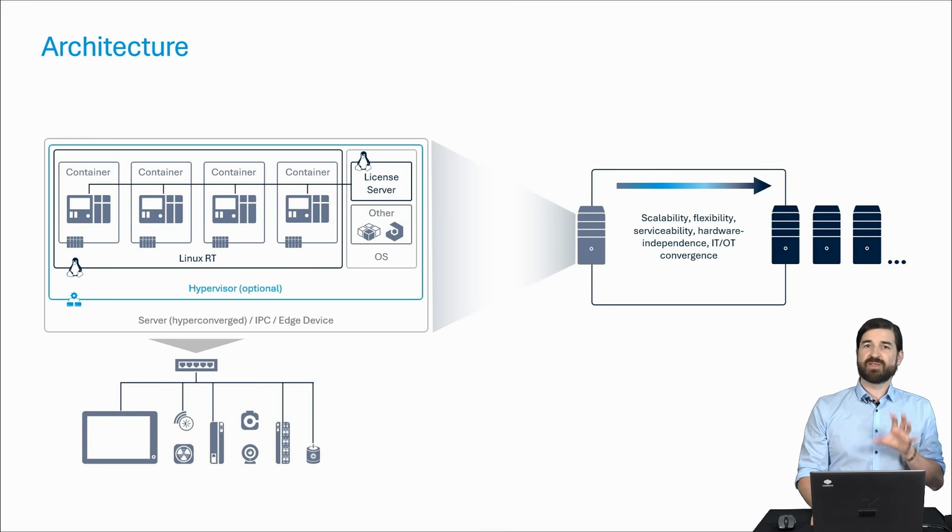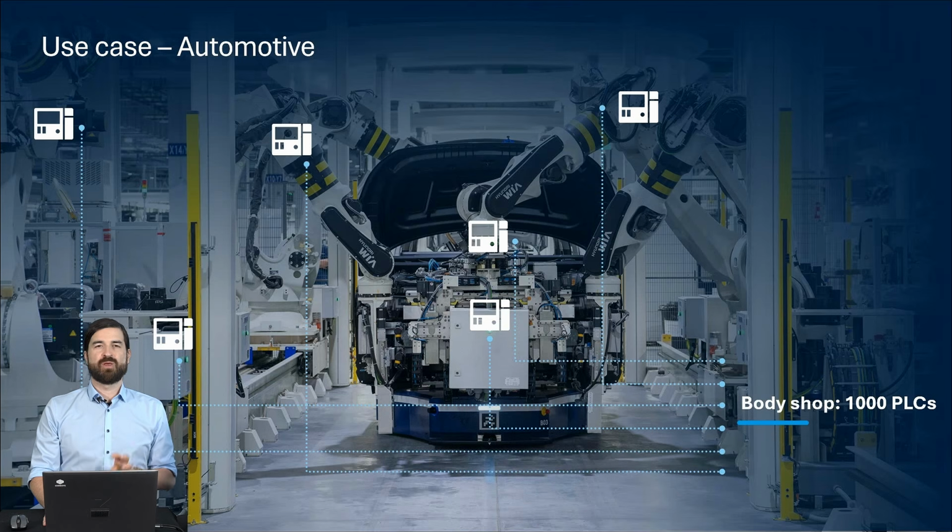Let me make this a bit more concrete. Picture a production line in a car factory with welding, assembly, wiring, gluing, testing, you name it. In a typical plant, you're looking at a couple of hundred individual controllers controlling robots, conveyors, welding stations, quality checks, and so on.